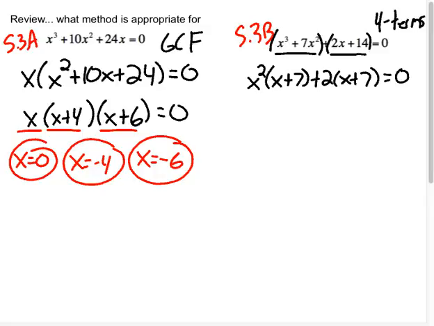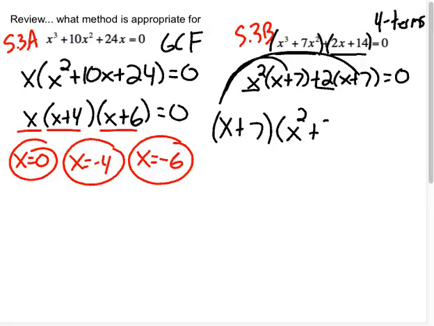And remember, we liked when we got 2 with the same parenthesis because that's what makes this whole method work. It lets me pull the x plus 7 out front, factor it, and then my second parenthesis is made up of the leftovers, the x squared and the 2 that were left behind in that factoring process.